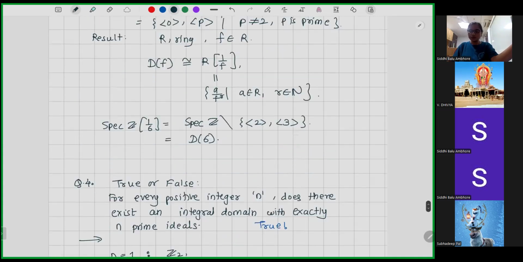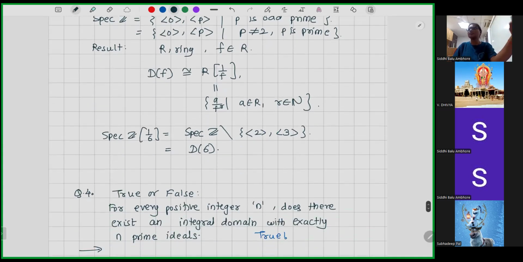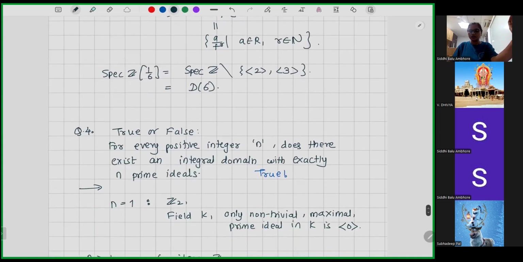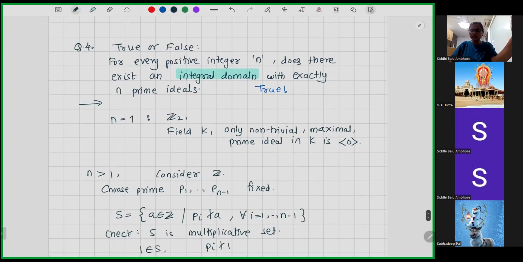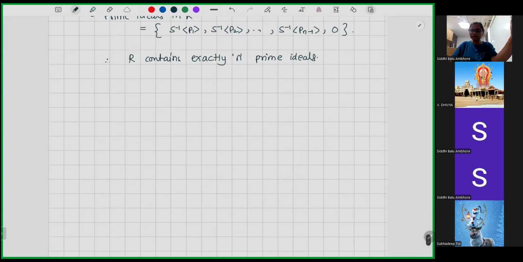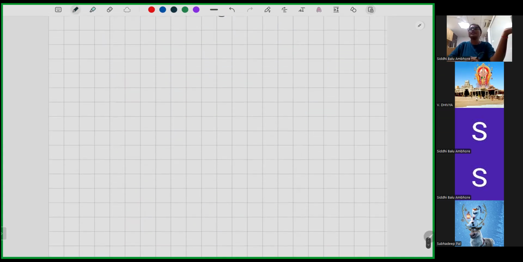So this was okay. It was because we were working with an integral domain here. Can you quickly give a ring where only n many prime ideals are there, and it need not be an integral domain?